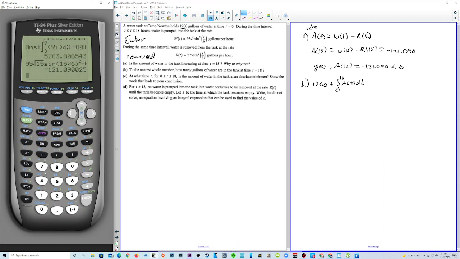So let's go back here. 1,200 plus math number 9 from 0 to 18 of y2 minus, variables, y variables, function, y3 with respect to x.